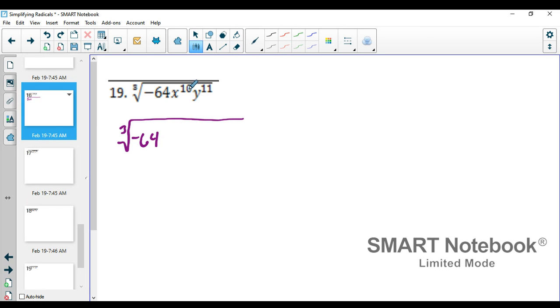So the closest multiple of 3 to 10 is 9. So we're going to make this x to the 9th power times x to the first. And then the closest multiple of 3 to 11, but it has to be less than 11, is also 9. So this becomes y to the 9th. But now 11 minus 9 is 2, so we have y squared for the other one.